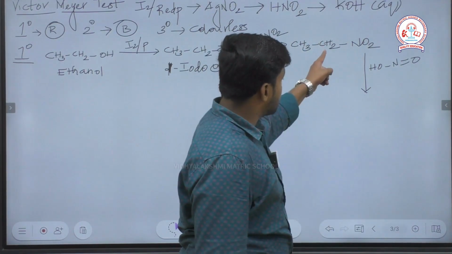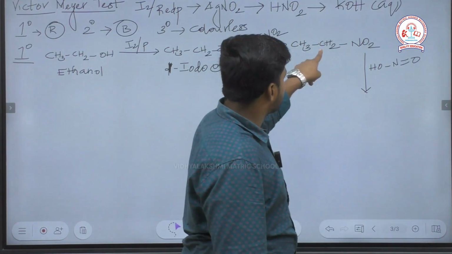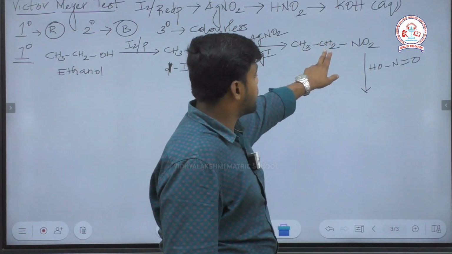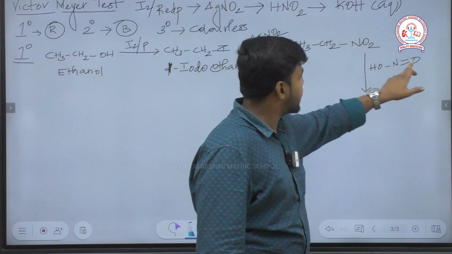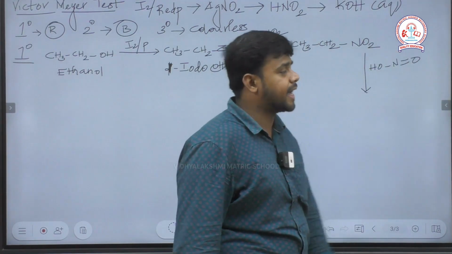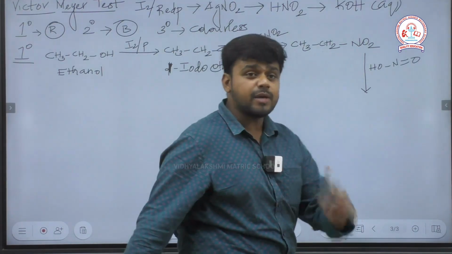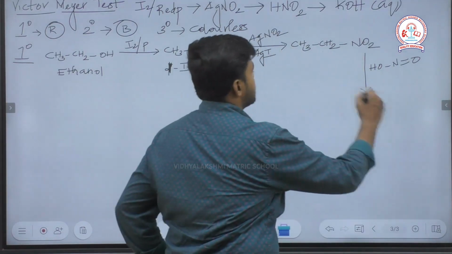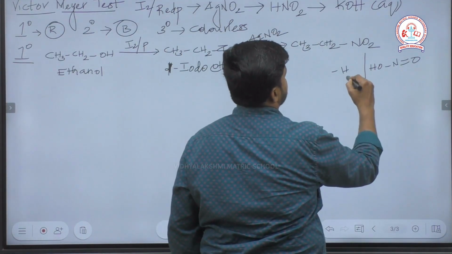The carbon which is attached to the functional group is called the alpha carbon. If the alpha carbon has 2 hydrogens, hydrogen will take up the oxygen and goes as H2O, which means oxygen from the nitrous acid will react. If the alpha carbon has only 1 hydrogen, OH will react with the hydrogen, thereby H2O goes out. So somehow a water molecule goes out here.